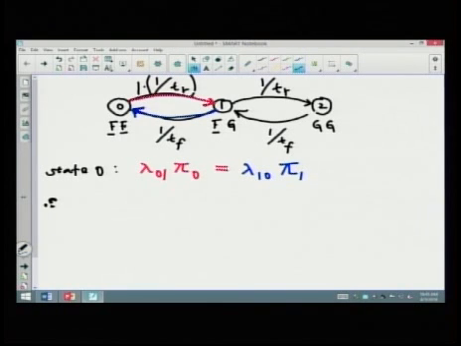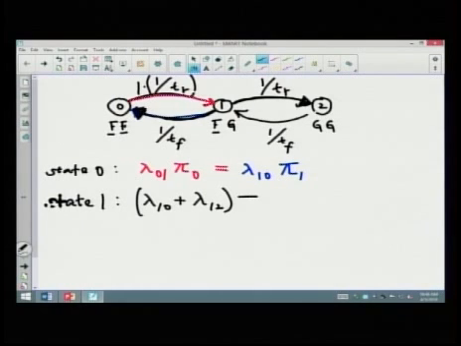State 1. The transition rate from state 1 would be down here, and then up here, we have this 2. So that's going to be lambda 1,0 plus lambda 1,2 times pi 1.